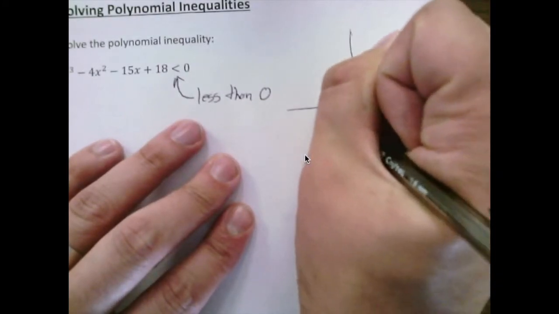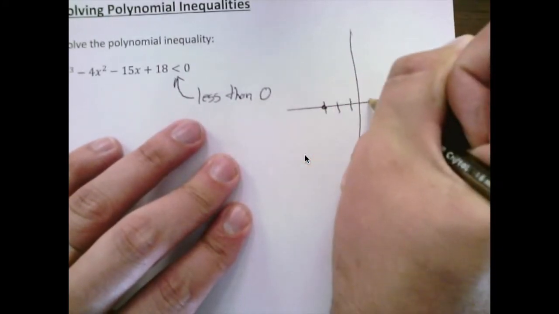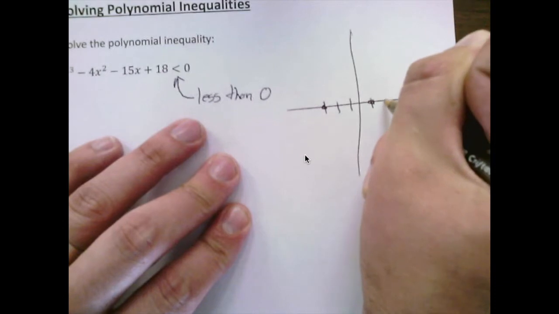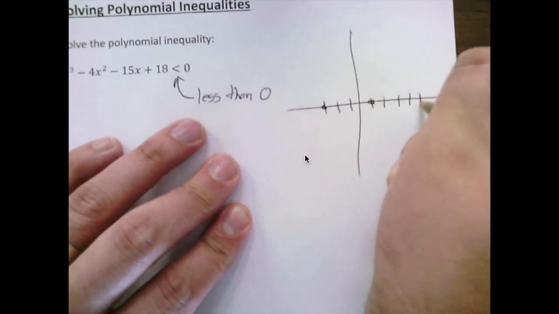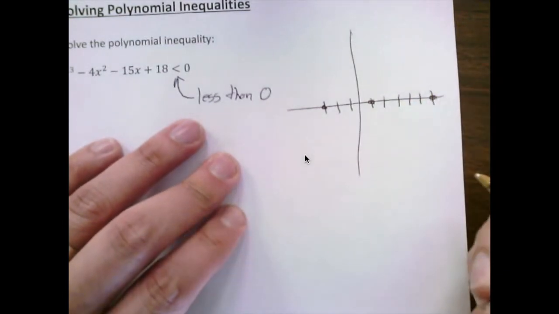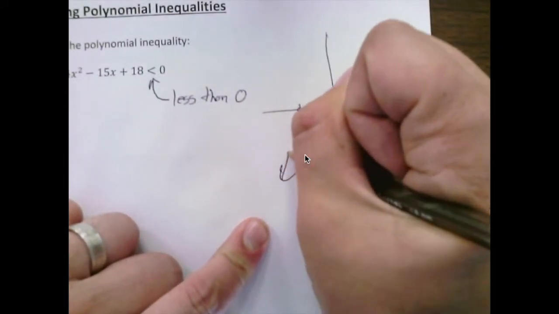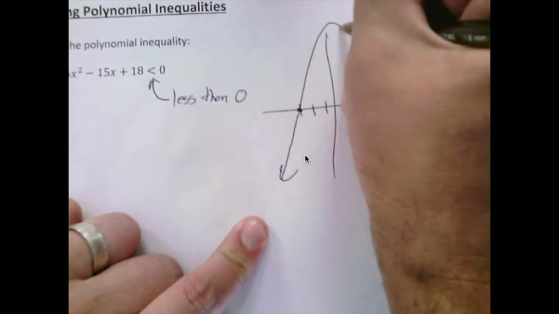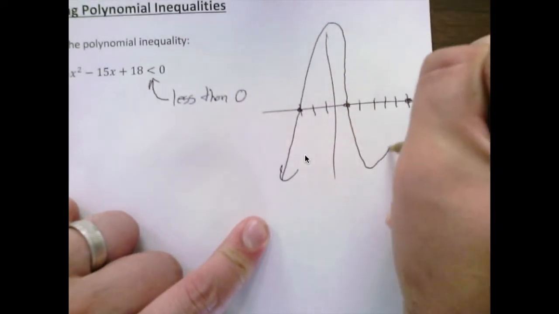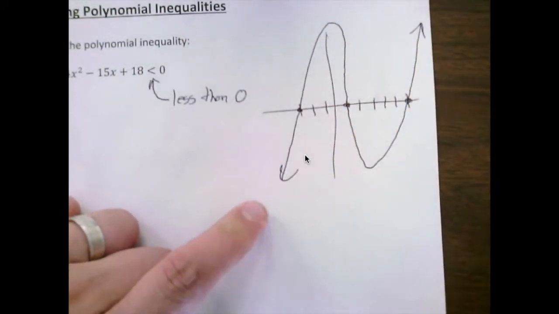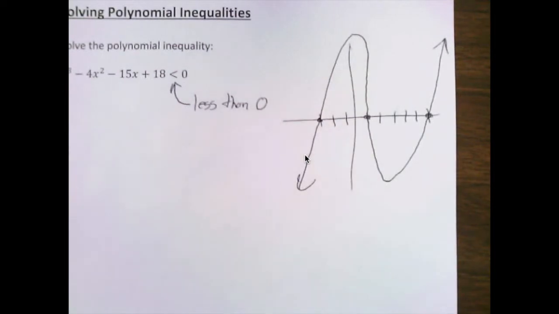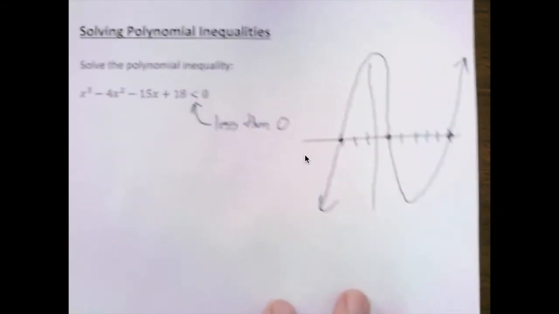I had x-intercepts at -3, +1, and it looks like 2, 3, 4, 5, all the way over there at 6. So very basic graph, but it's going to help us tremendously. We went up, came down, went back up. The graph is really going to be our key in being able to solve this polynomial inequality.